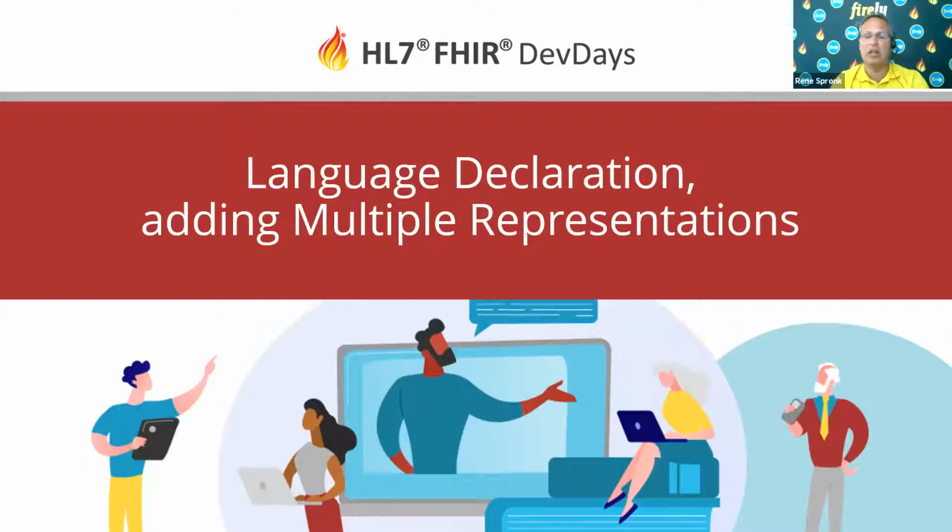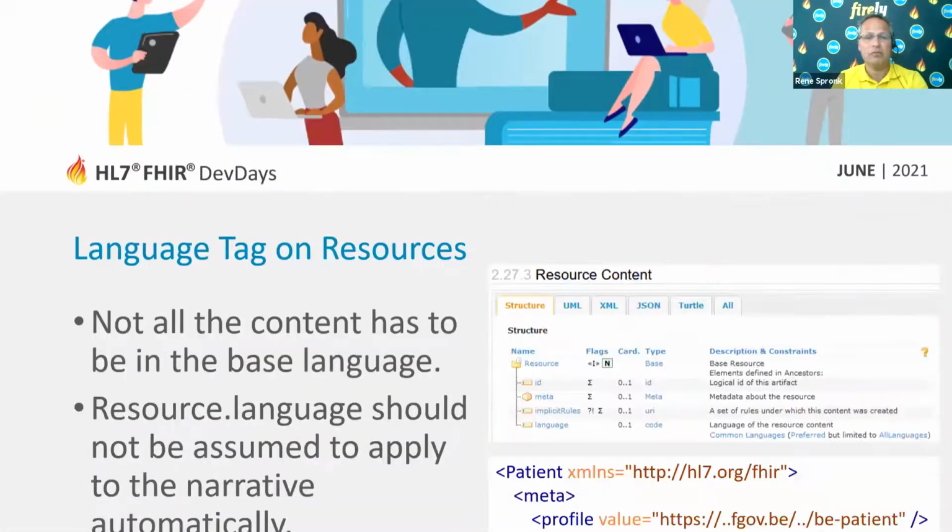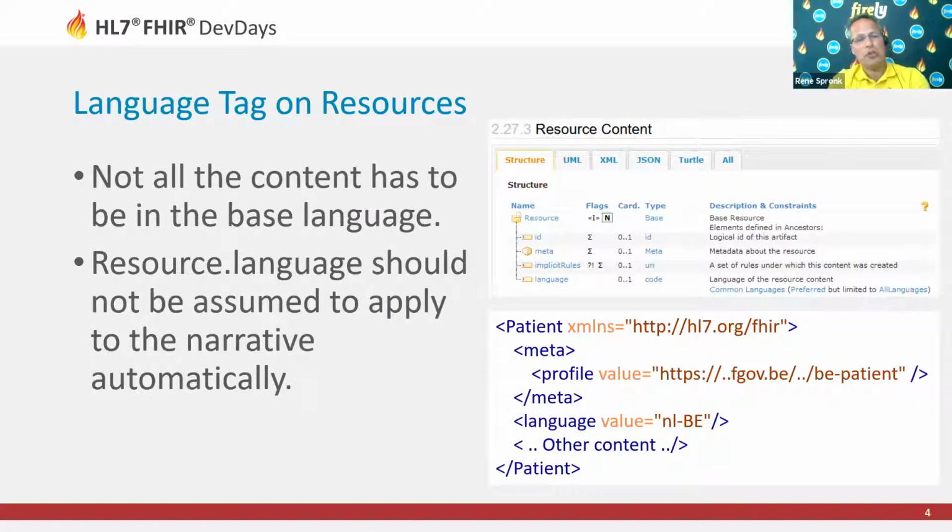So first of all, let's start with the simple use case, the declaration of what language snippets we're actually using within a FHIR resource. The standard thing to use, which is part of almost all FHIR resources, is the language in the header of all resources.